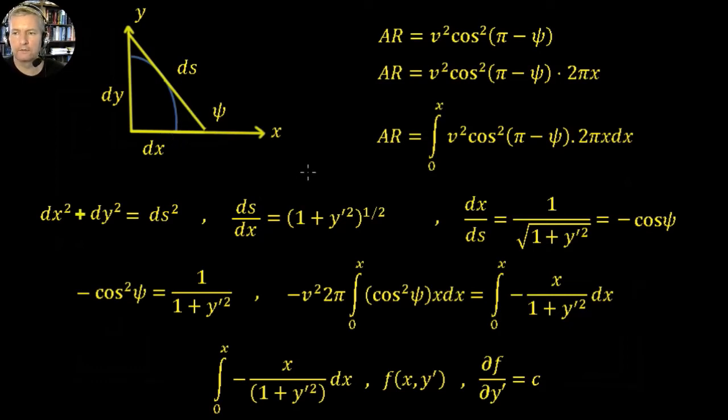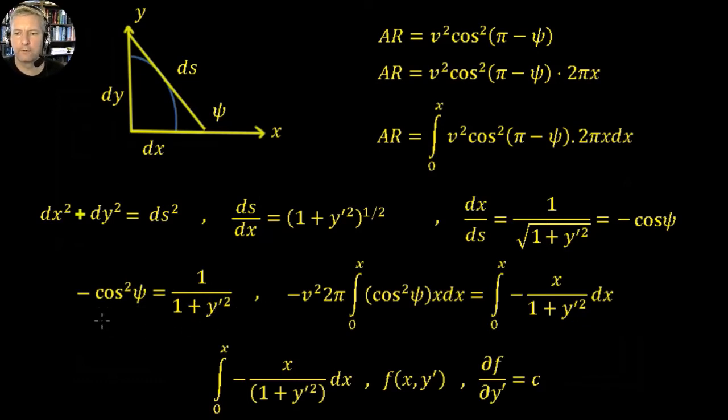So we could write that as minus cos phi. So we can say our 1 upon root 1 plus y derivative squared is the same as minus cos phi. Therefore, if we were to square both sides, cos squared phi would be 1 upon 1 plus y derivative squared.